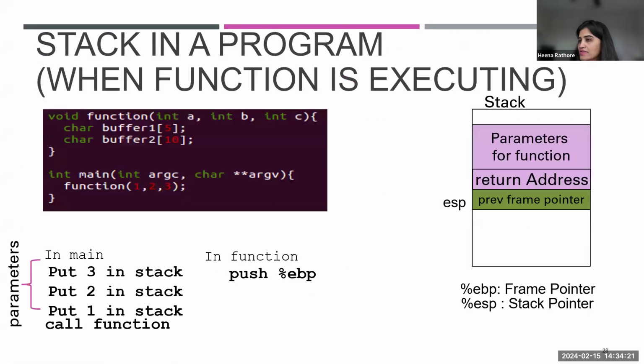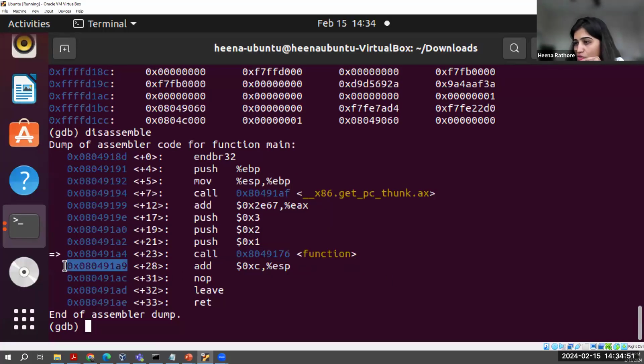The way it stores is that we have parameters for the function, which is over here, and then we have the return address. And this return address should be just a line after this function 123, which is somewhere over here. So I'll go back over here, and this should be stored as the next value.